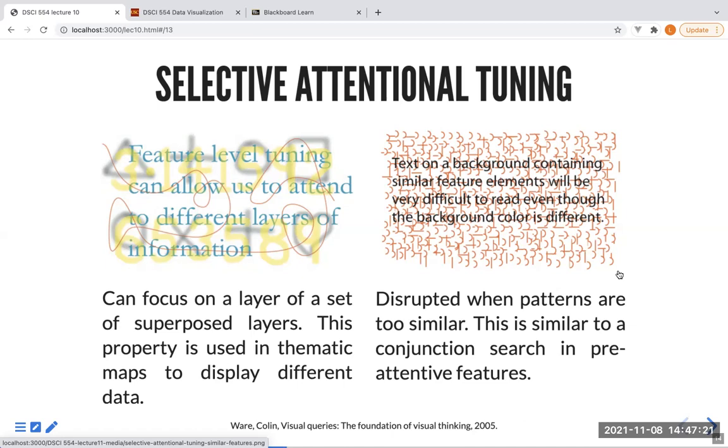one to the other. So here in the case of the text, you see that the background and the color of the text are different, but if they were the same color, because the symbols in the background are quite similar to the letters of the alphabet, then it would be disrupting the pattern, right?